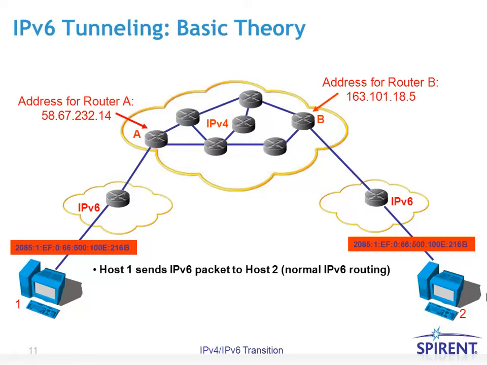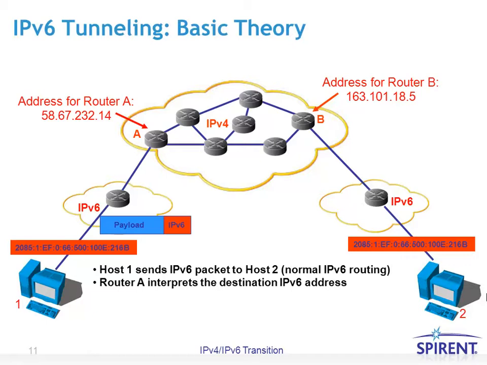So now host 1 wants to send an IP version 6 packet to host 2. Again, the two hosts just think they're using normal IP version 6 routing, and in fact the two routers that they're directly connected to think that way too. So host 1 just sends a normal IP version 6 packet with an IP version 6 header and payload.